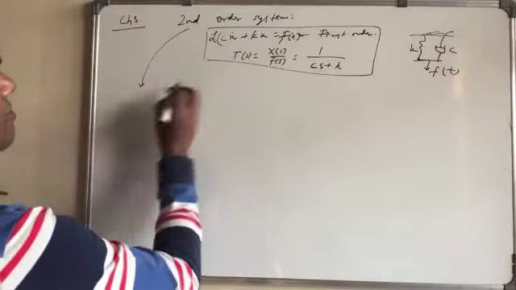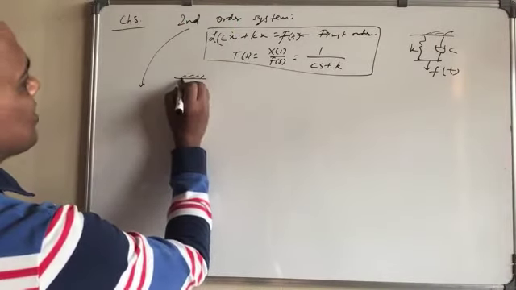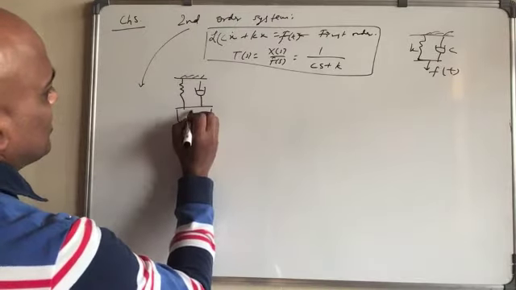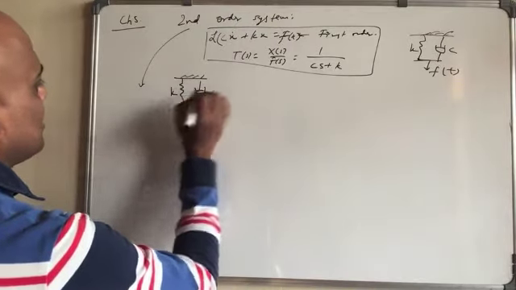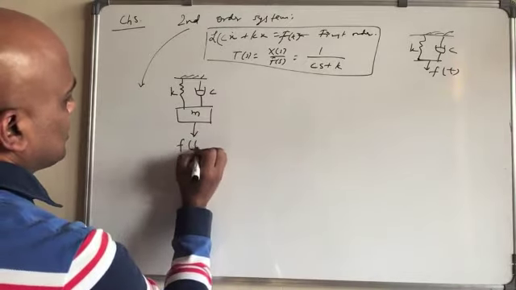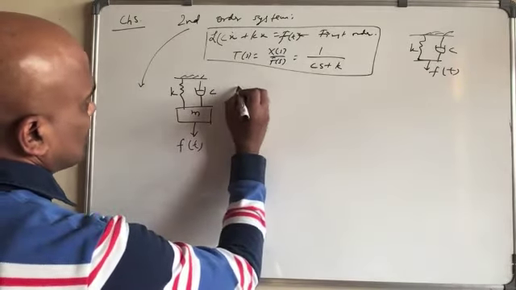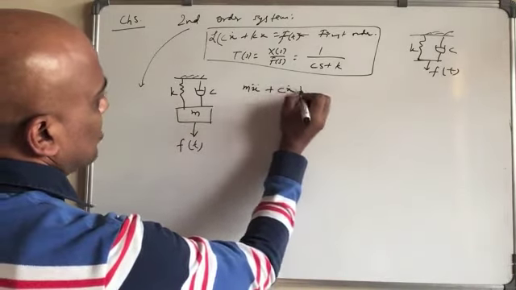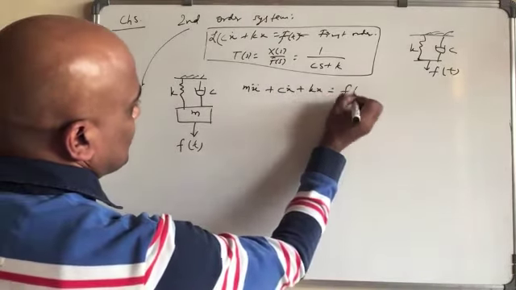The second order system we studied already. In the vibration part, you add mass there and then you are into the second order system. The equation is m x double dot plus c x dot plus k x equal to f(t).